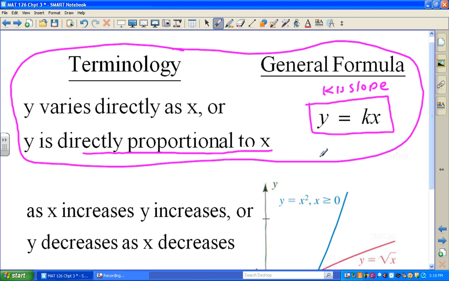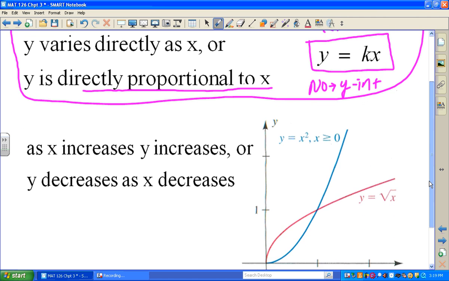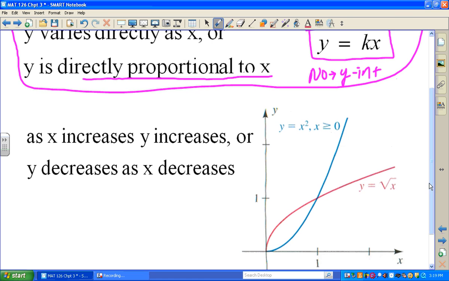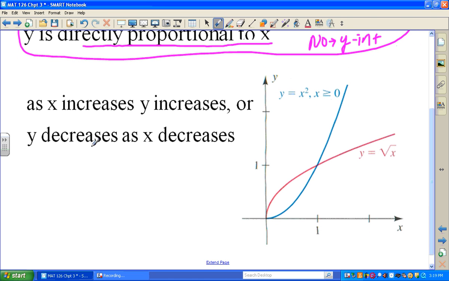K is the slope of your line. And there is no, I repeat, no y-intercept. Okay? So that's just the equation of a line. You can see there's an example in your textbook. As x increases, y increases. As y decreases, x decreases.